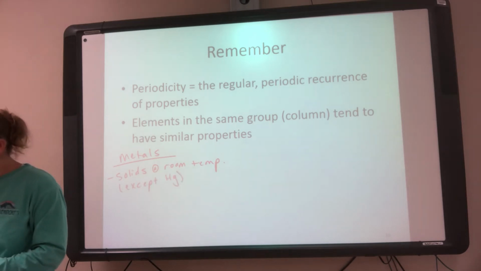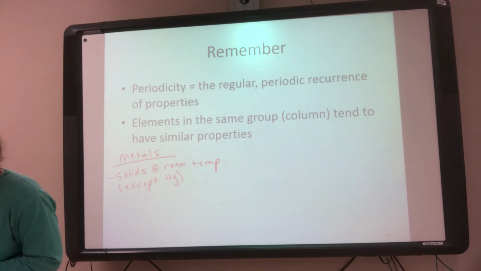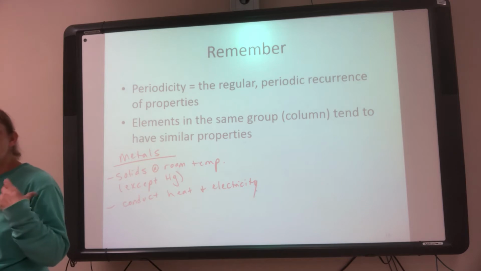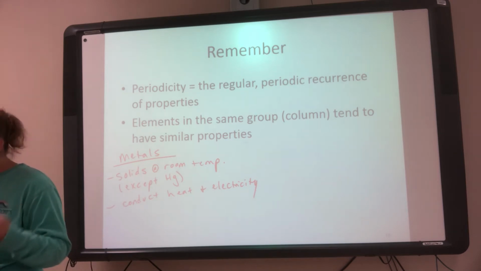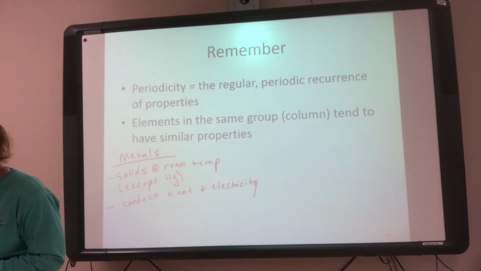Mercury. So solids at room temp. Metals conduct heat and electricity. That's why we usually use them in piping and wires and stuff. They are shiny and malleable.